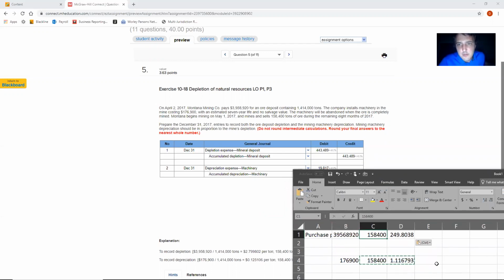Oh no, we're going to be able to do one total of 1,414 tons. And in this period, we have used 158,400.